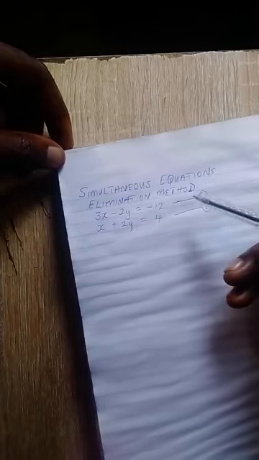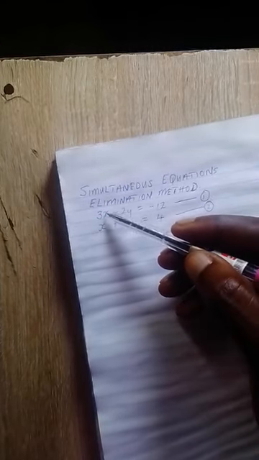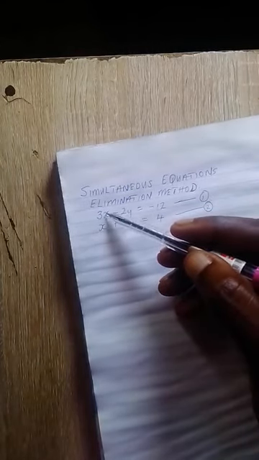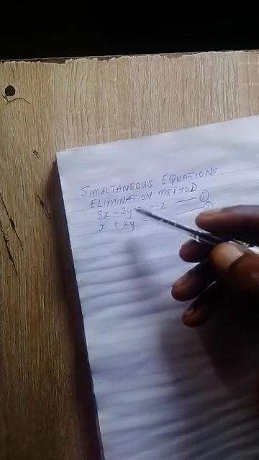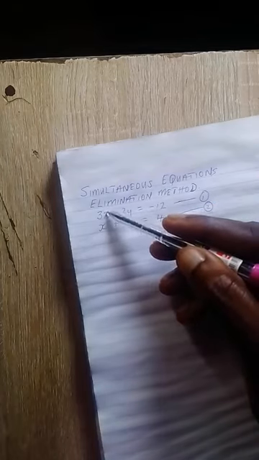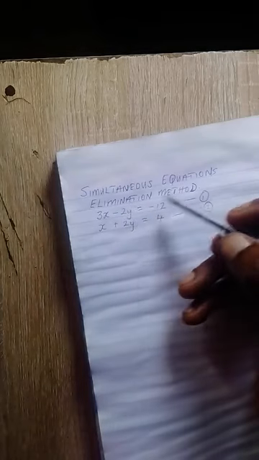Before you start solving, you ask yourself, which of the unknowns, x or y, would you eliminate? Is it the x or the y you want to eliminate? That's why it's called the elimination method.